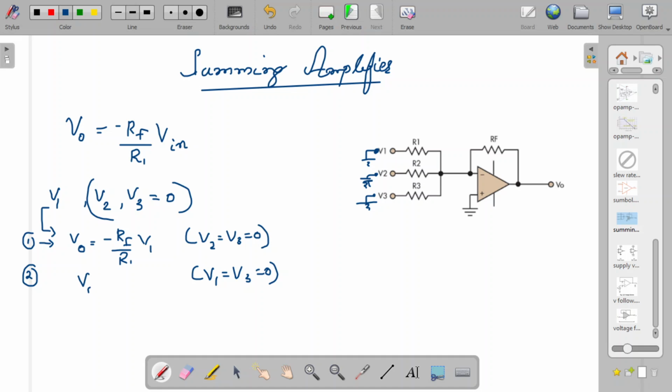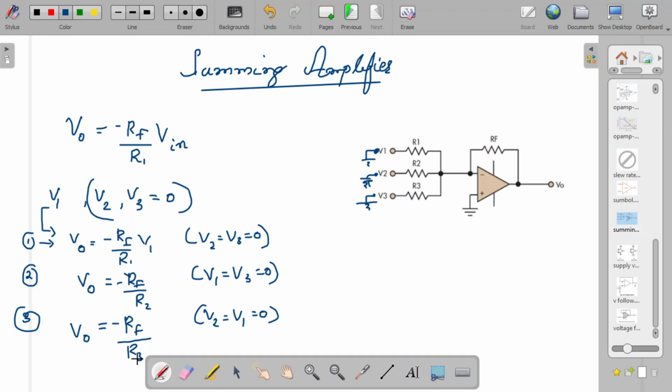Then I can write VO equal to minus RF divided by R2. And the third time, you keep V2 and V1 grounded. Then VO is minus RF by R3.